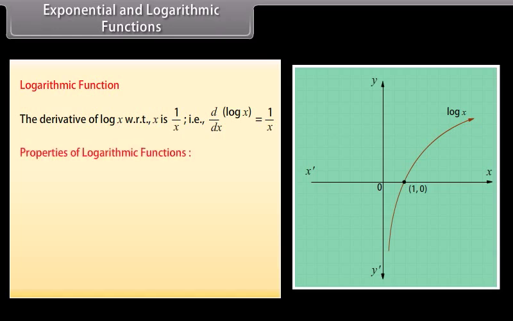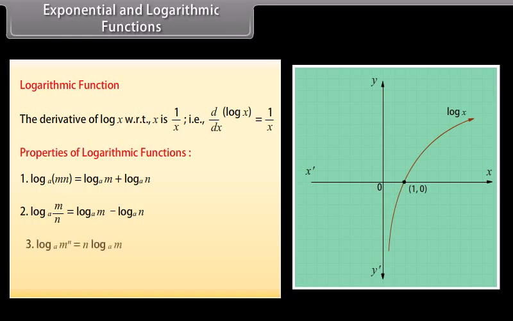Properties of logarithmic functions. 1. Log mn to the base a is equal to log m to the base a plus log n to the base a. 2. Log m by n to the base a is equal to log m to the base a minus log n to the base a. 3.